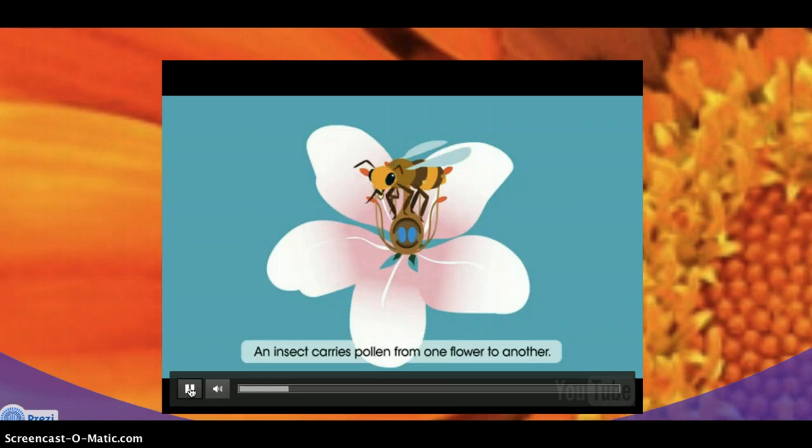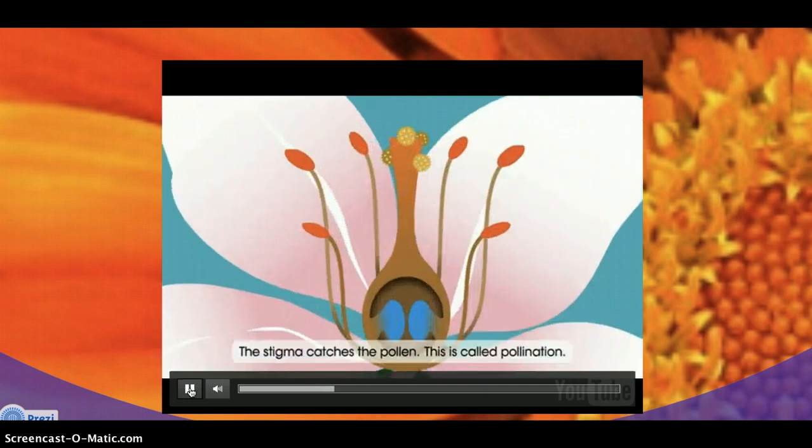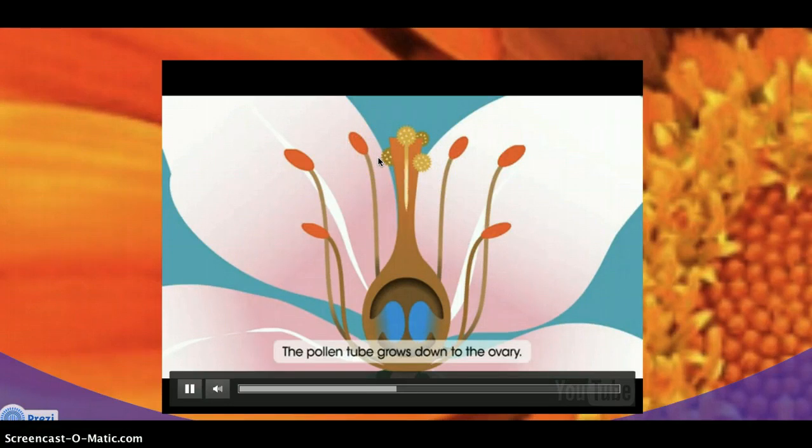An insect carries pollen from one flower to another. The stigma catches the pollen. This is called pollination. The stigma is this part of the pistil at the top. The pollen tube grows down to the ovary.